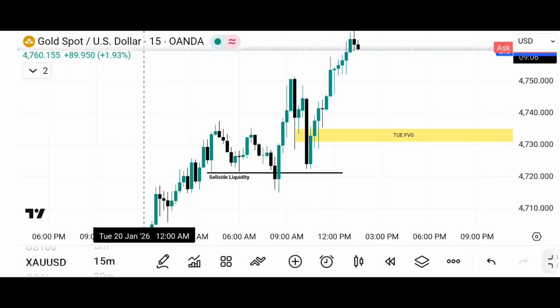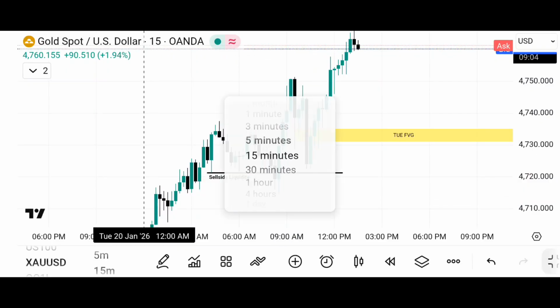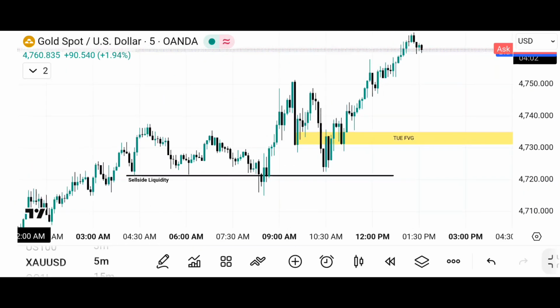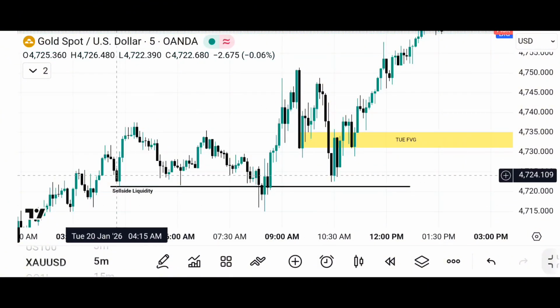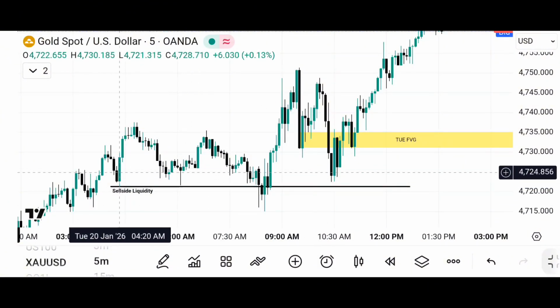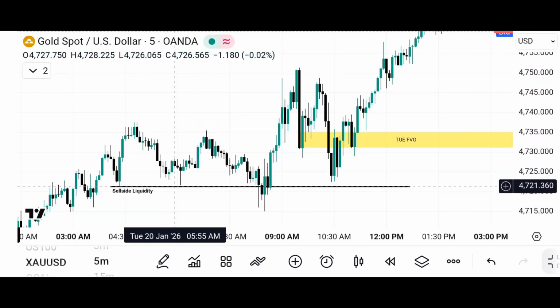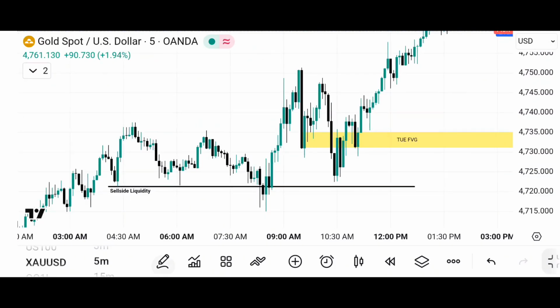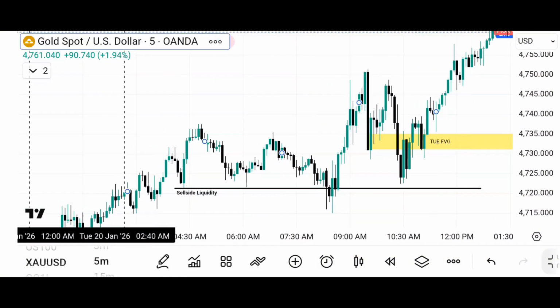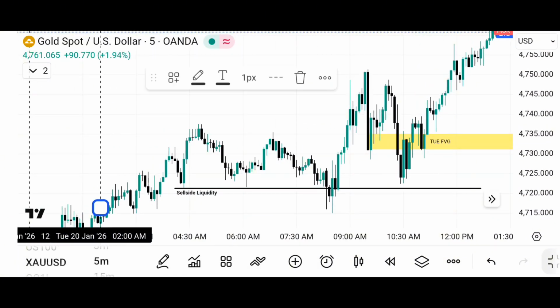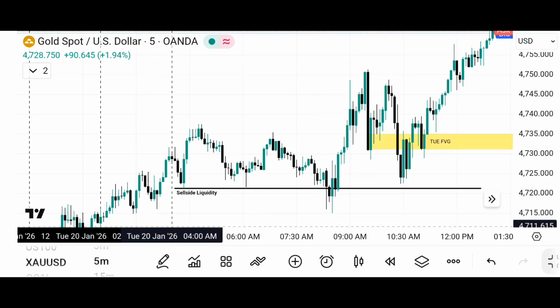Now, these sell sides, I think the 5 minutes is more visible, were created during the London session, I think during the London key zone. London key zone is from 2 a.m. to 5.